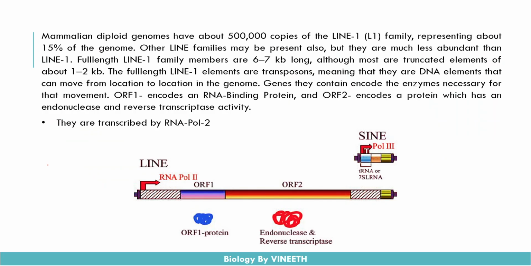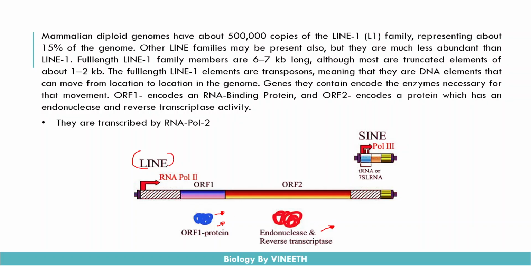So when we talk about the LINEs, I've said this is an autonomously transposing element, a retrotransposing element. During the initial stages, whenever an RNA polymerase transcribes this LINE sequence, it produces an mRNA which contains the sequence for a protein with RNA binding property, and it also encodes a second protein which has endonuclease property as well as reverse transcriptase property.